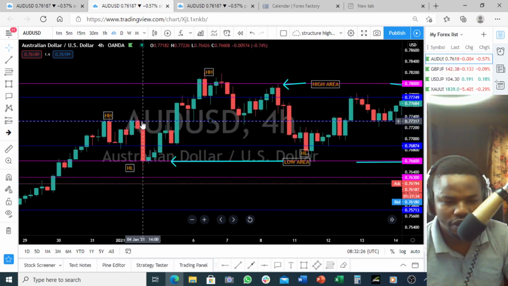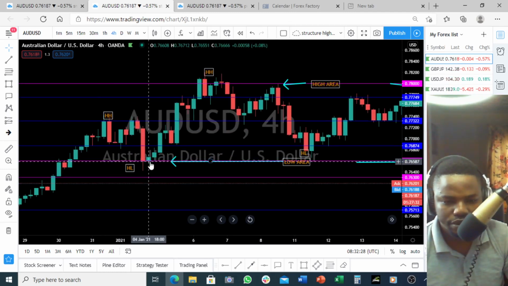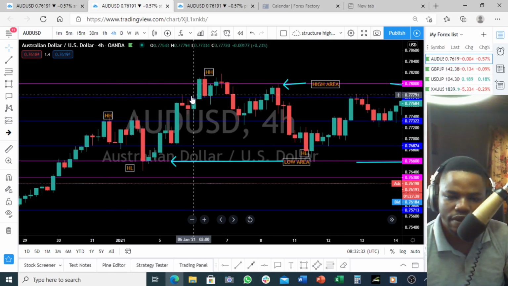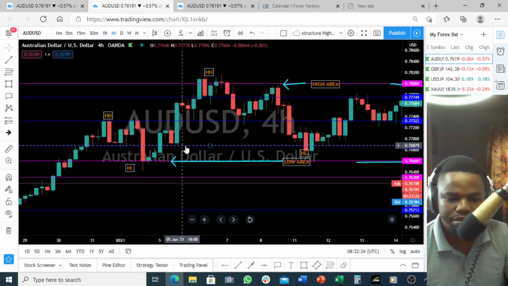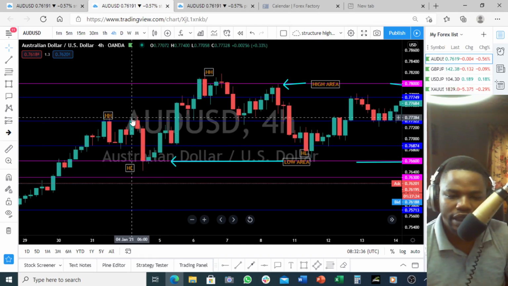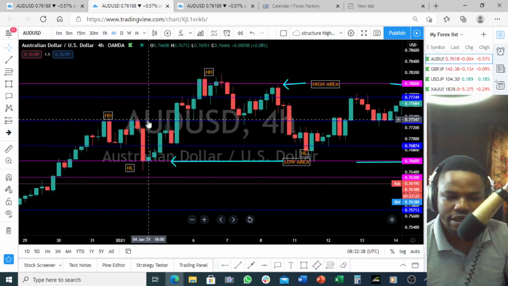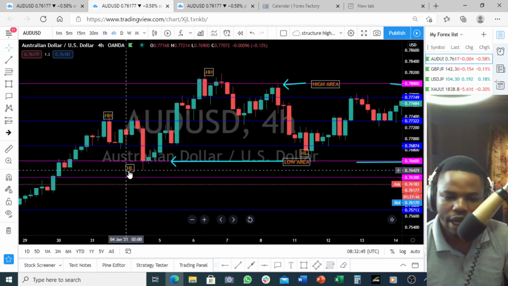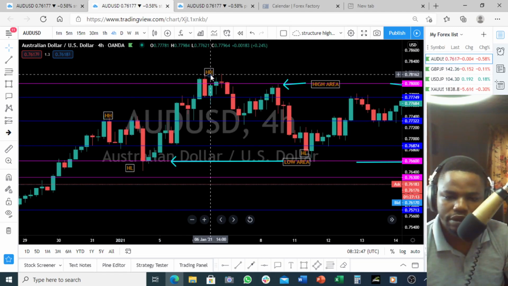This one is not, this is just a high, then it pulled back. Higher high, pulled back, then broke this level. This is the reason why. Remember, at this point, we're using these blue lines. Then we found a resistance. It broke the resistance here. Then we found a higher low, then a higher high.